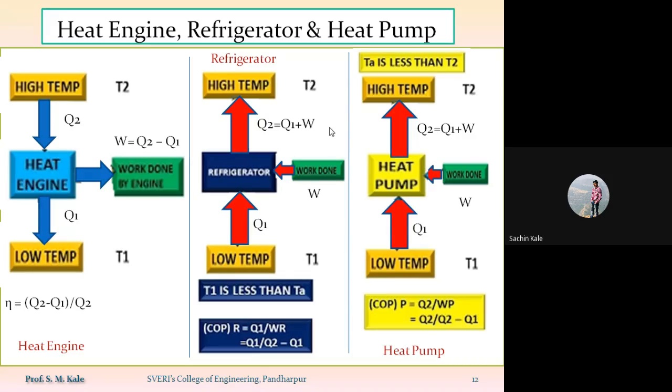So now after this concept, our next point will be reverse Carnot cycle. After studying the reverse Carnot cycle, we are going to solve the problems. There, the basic knowledge which you require to solve the problem is nothing but this heat engine, refrigerator, heat pump. That is the basics related to this, and after that reverse Carnot cycle. So you have to draw this block diagram.